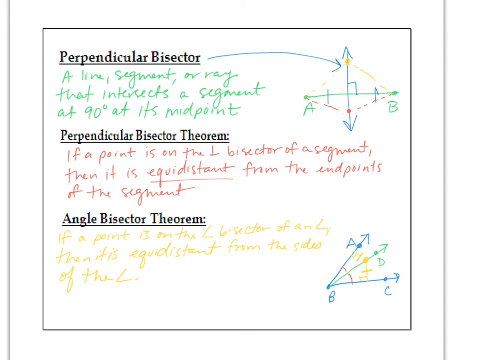If a point is on the angle bisector of an angle, then it is equidistant from the sides of the angle. I think it's just easiest if we go to the examples, so let's do that.